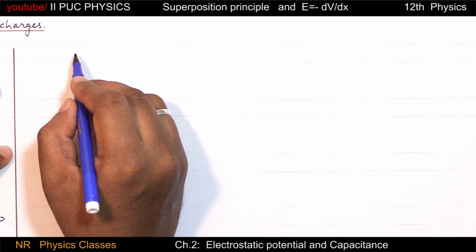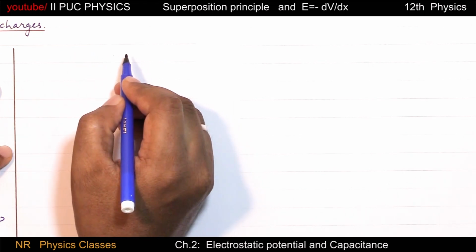Now the electric potential at P due to the remaining charges.